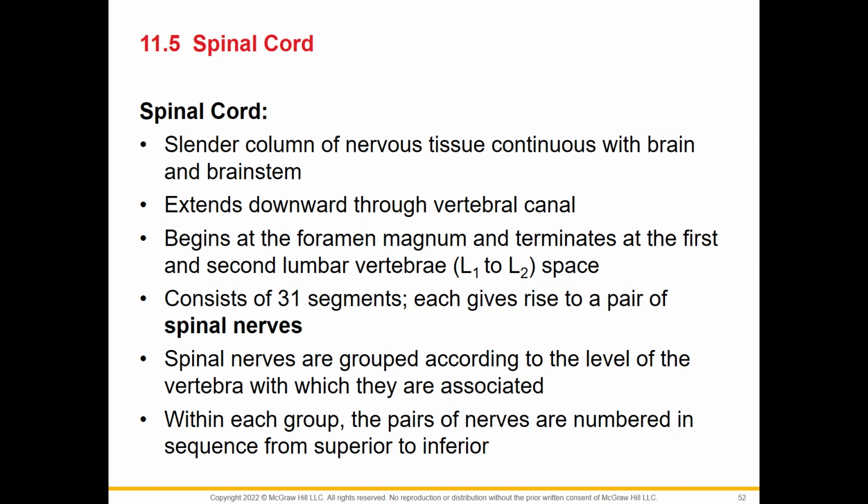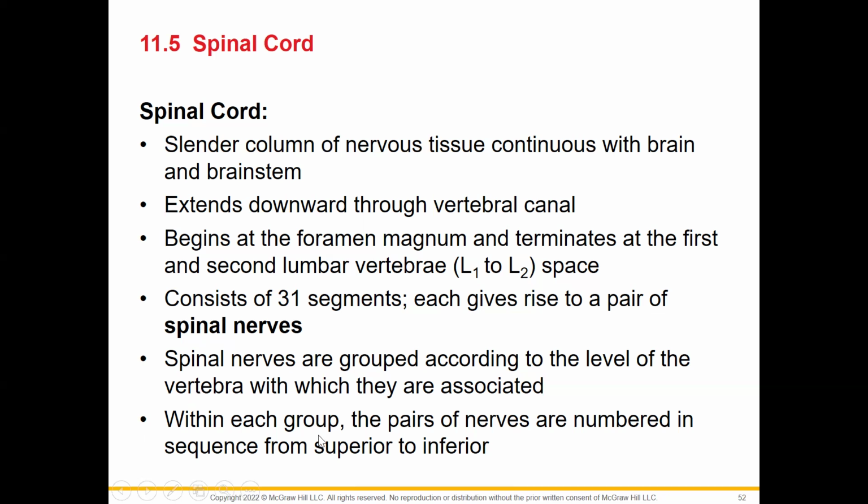So if you have the foramina between, say, vertebrae C7 and T1, then that will be a T1 spinal nerve. Again, it is named for the level of the vertebrae with which it comes out through that intervertebral foramina.